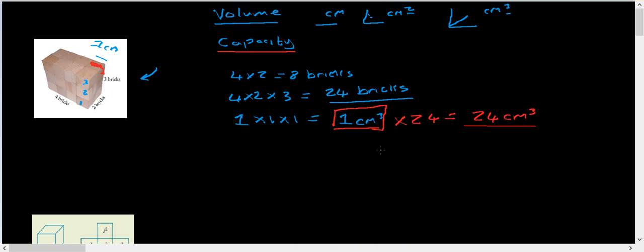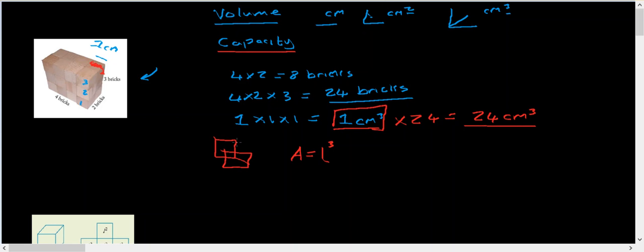So we can derive simple formulas from this. If we're looking at one of the boxes within this tower, the volume is going to be equal to length cubed.